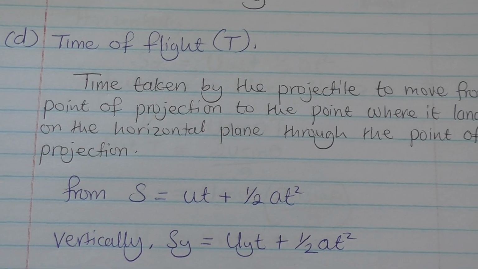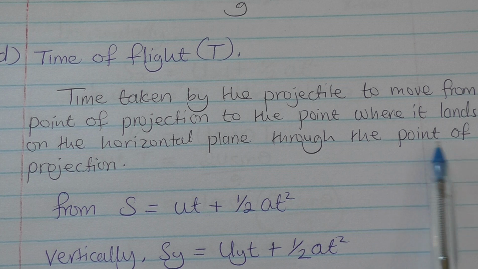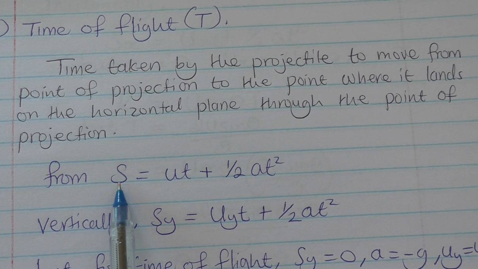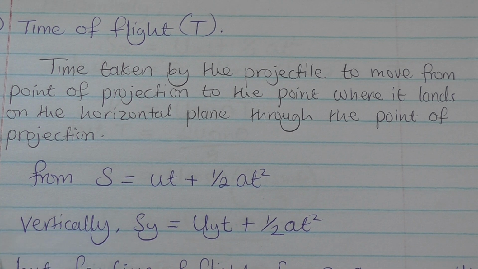So when the body lands on the horizontal plane through the point of projection, the vertical displacement at that moment will be 0, because it is on that plane, so it has no vertical displacement.